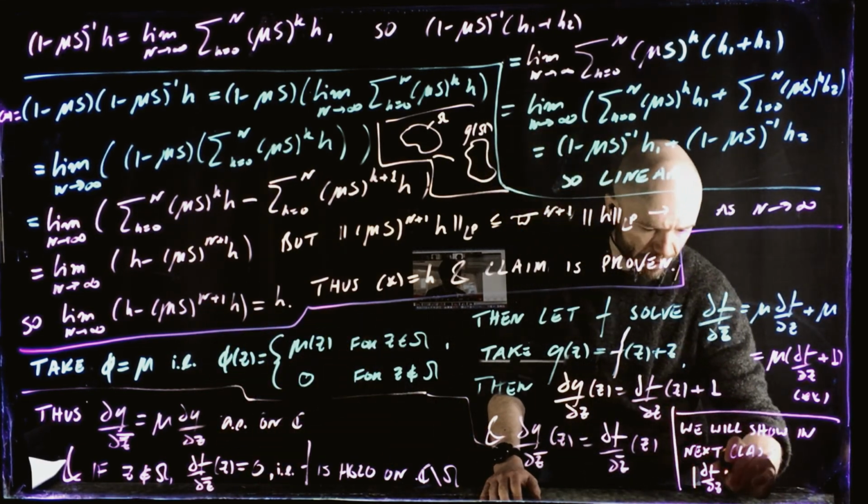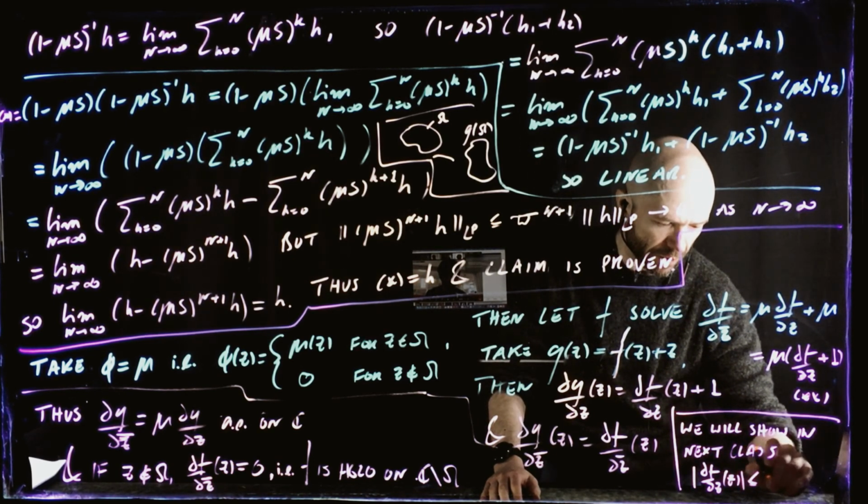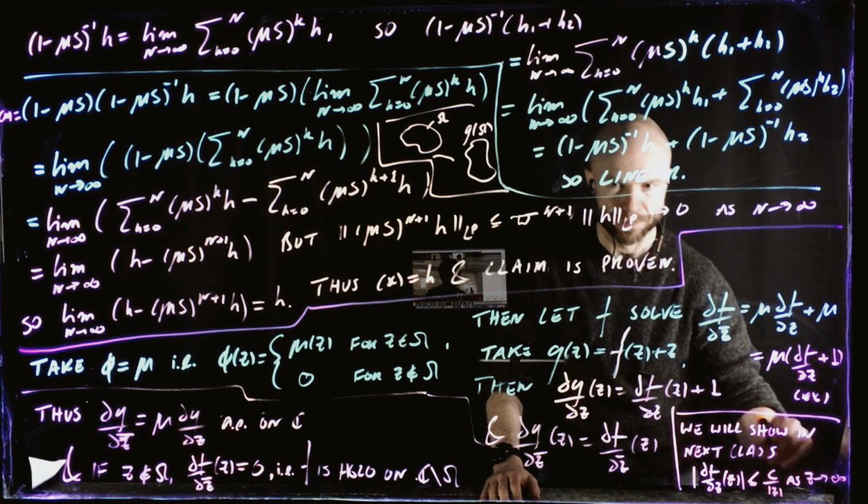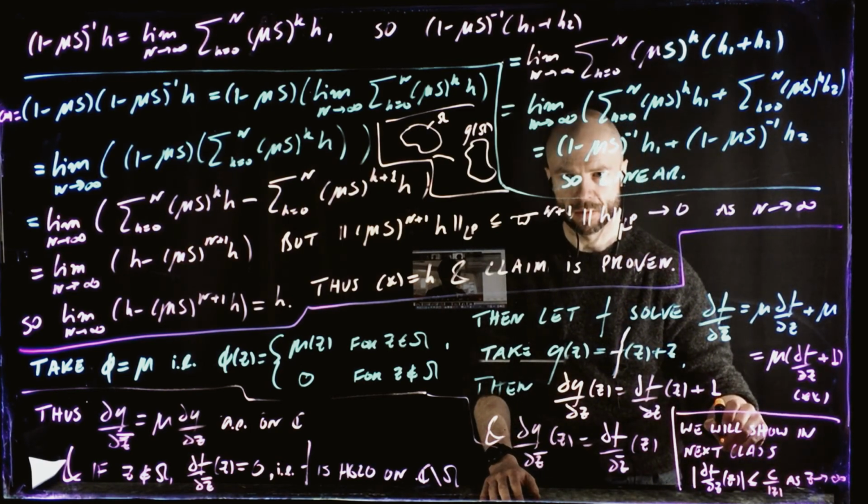So df by dz of z is less than some constant over mod z as z goes towards infinity, like this. Okay? That's what we're going to do.